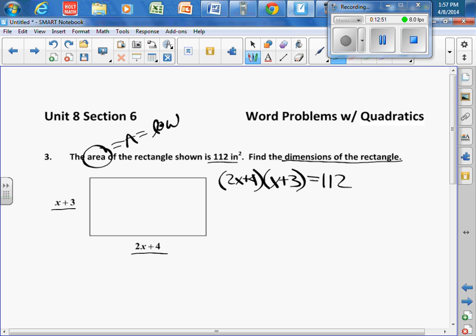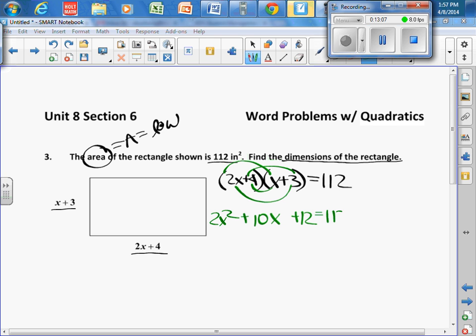So we're going to FOIL this. 2x times x, 2x squared. 4 times 3, positive 12. 4x and 6x are 10x. And that equals 112. Again, quadratic, because of the x squared, I'm either going to use the quadratic formula or I'm going to try to factor this. I'm surely not going to be using graphing to solve this.